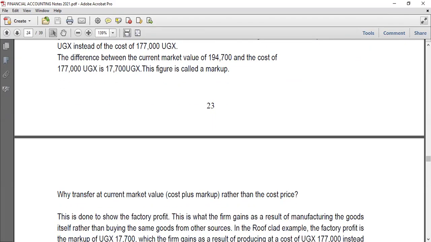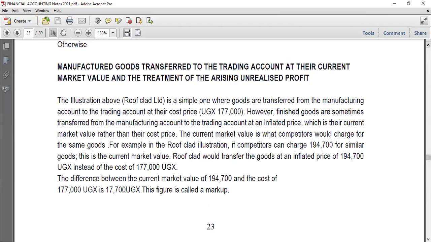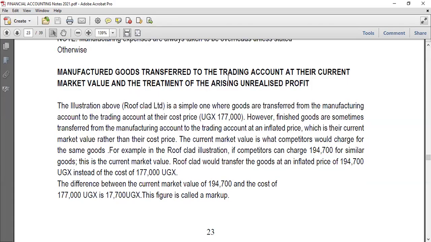So we have a scenario here. Now, for example, once we calculated Roof Clad's value of finished goods, they were standing at 177.